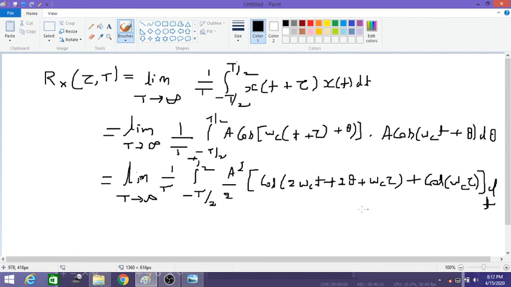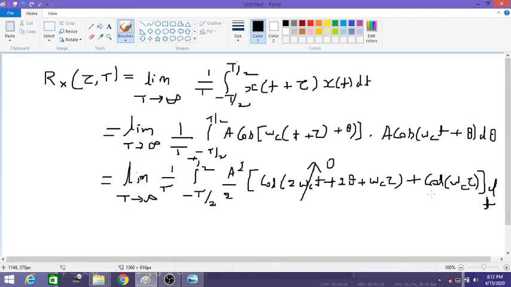So now we are going to integrate with respect to t. We know that this term finally we will get as 0. This we have seen in the previous example also. Again we are going to apply the cos A plus B formula, then we will get cos A into cos B minus sin A into sin B, and then we will integrate these terms, and when we substitute the limits we will get this term as 0.